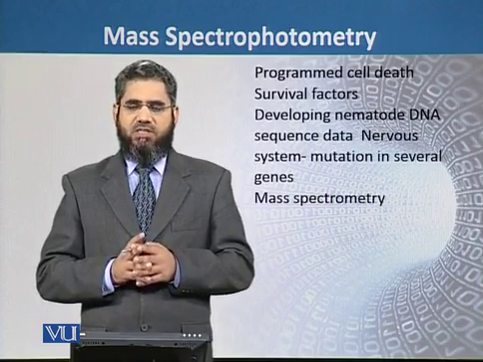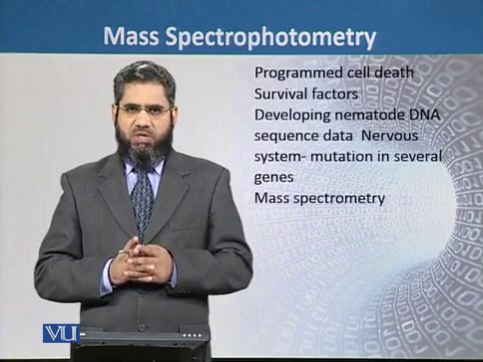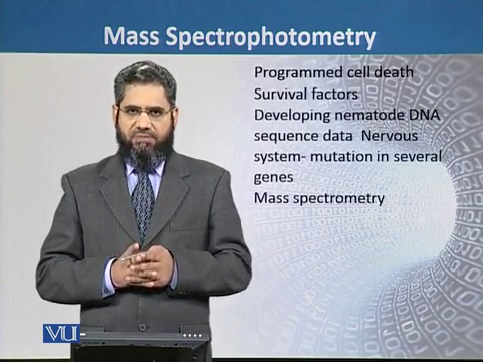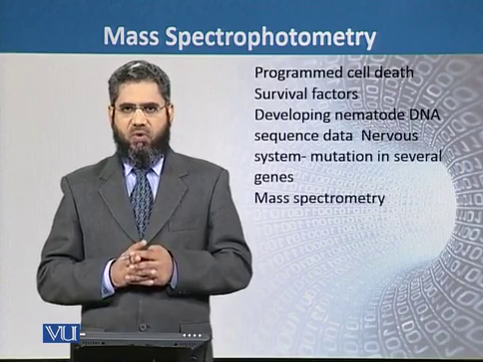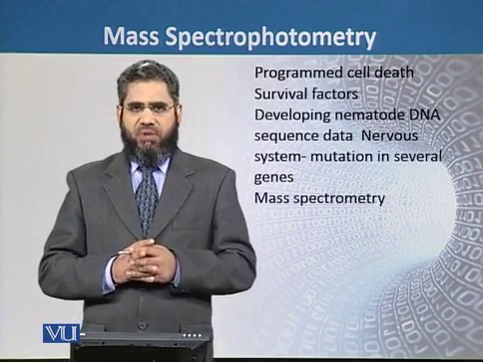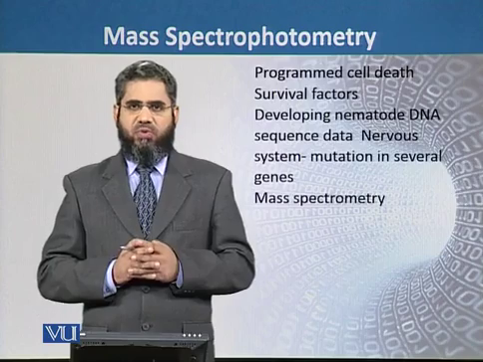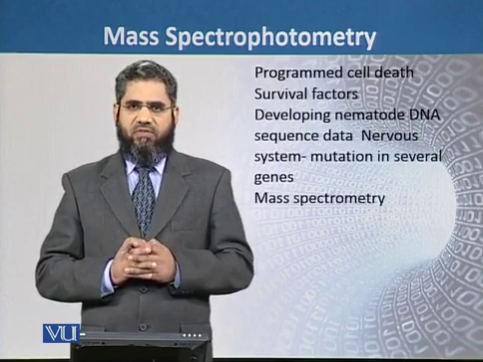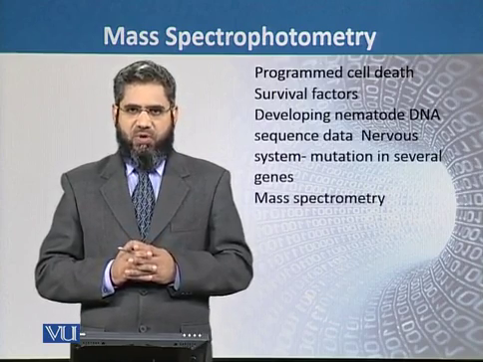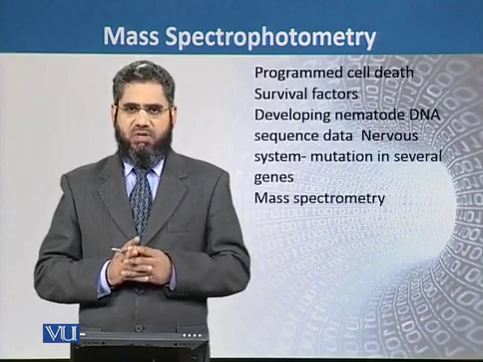To find the genes involved in the process of apoptosis, and especially their products, meaning the proteins involved, another strategy, mass spectrophotometry, is used to identify the sequence of the proteins produced from those genes.